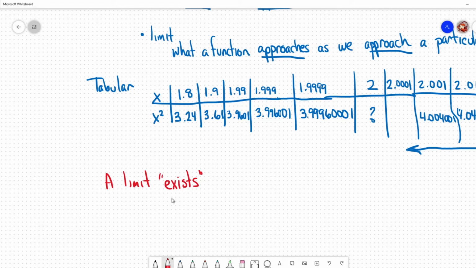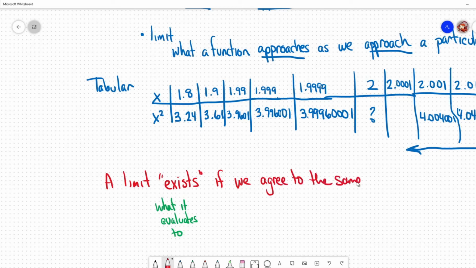Exists means there's an answer that I would put at the end of this. So a limit exists if we agree to the same value on both sides.